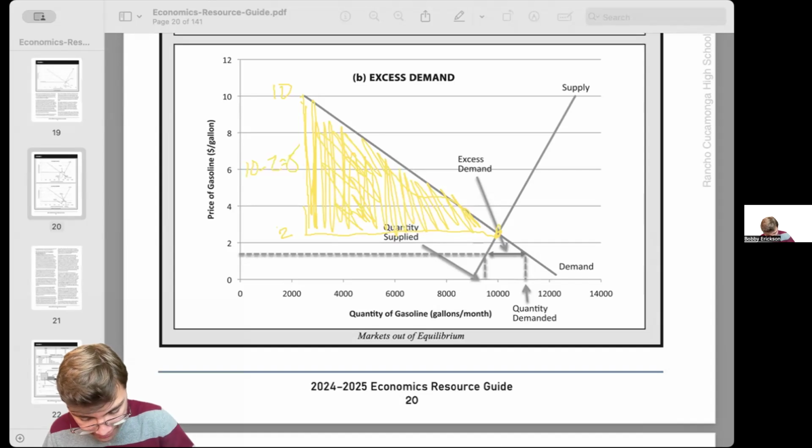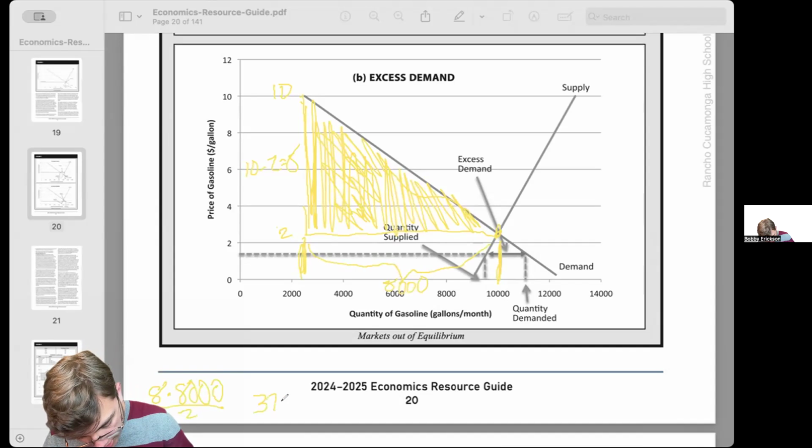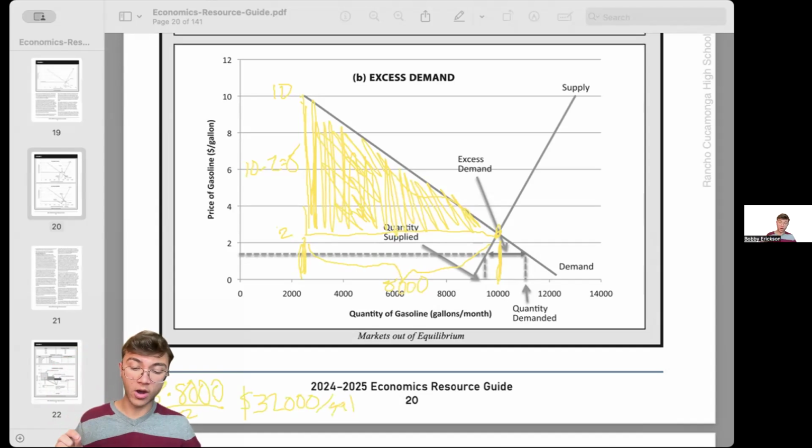And then, to make it easy on ourselves, we're going to say this is 10,000 and this is 2,000, so this would be 8,000. If we multiply 8 times 8,000 divided by 2, we get $32,000 per gallon as our total consumer surplus here.